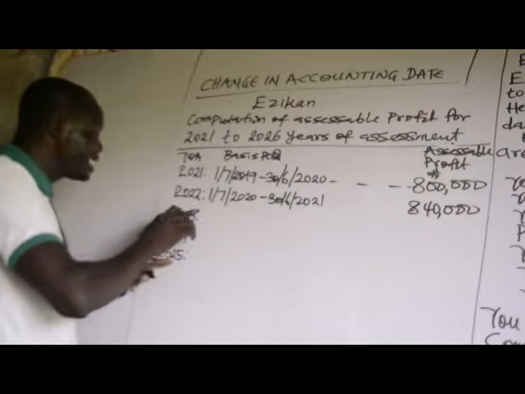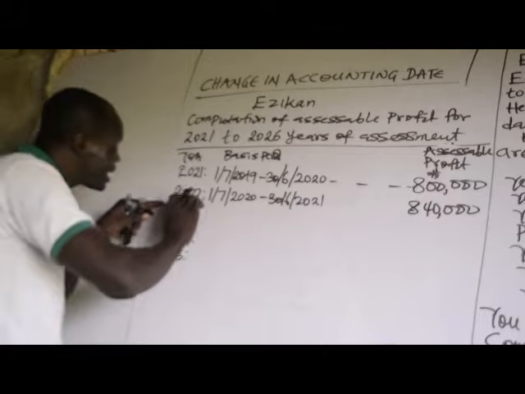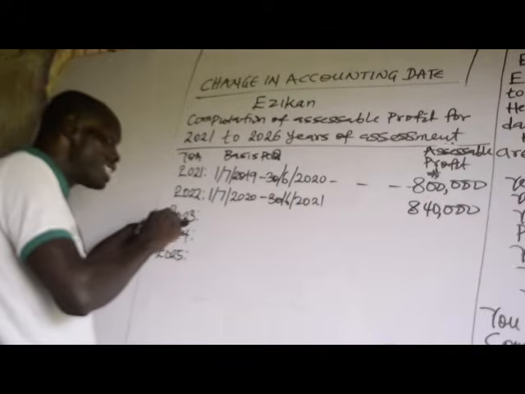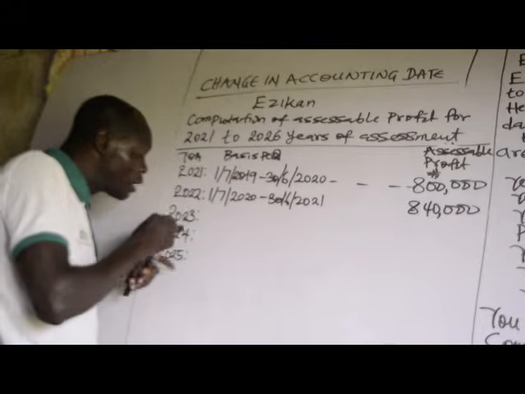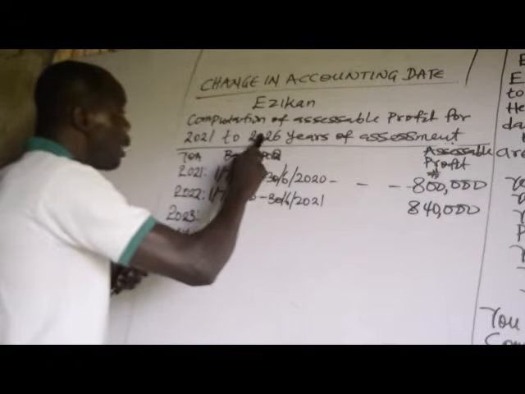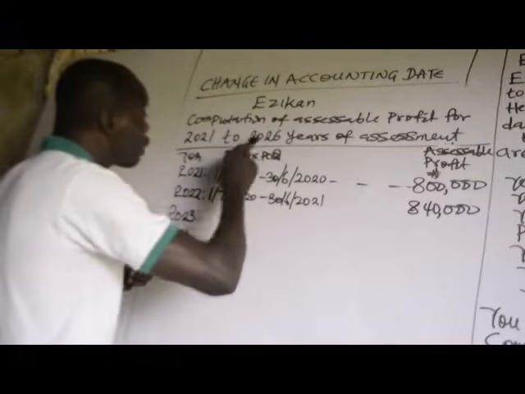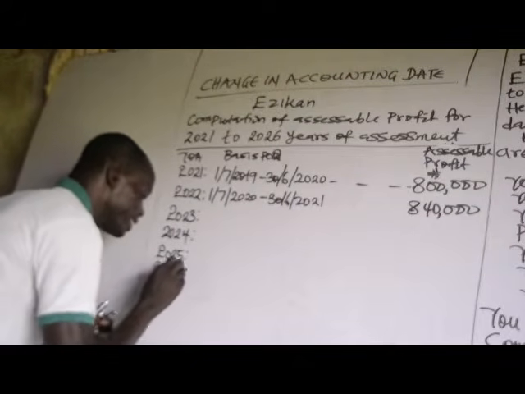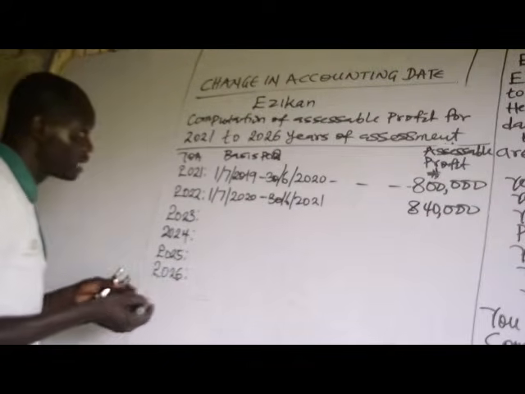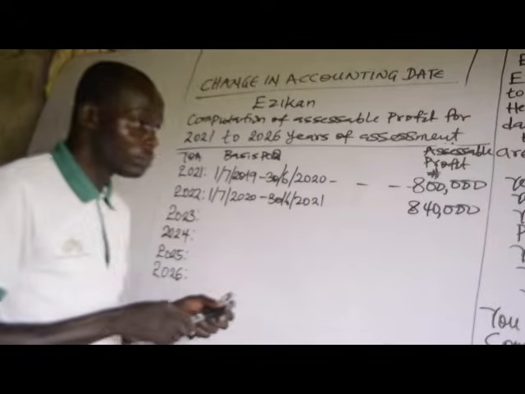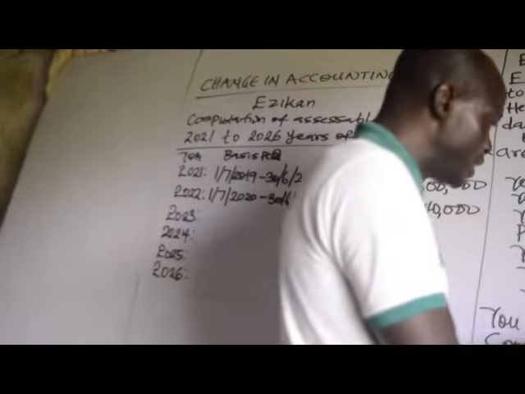You are going to apply changes in accounting date till these three years. But remember, you want to compute your assessable profit up to 2026. Preceding year basis will still be used for 2026.